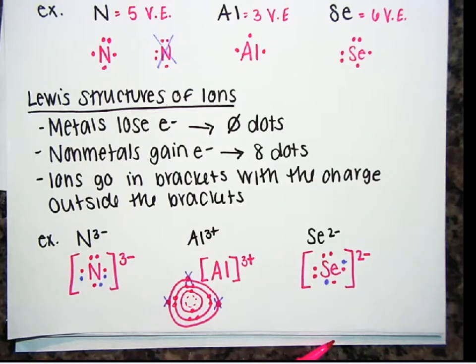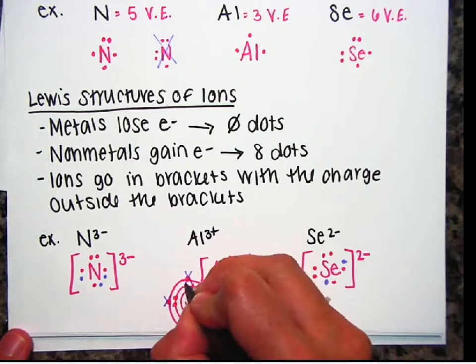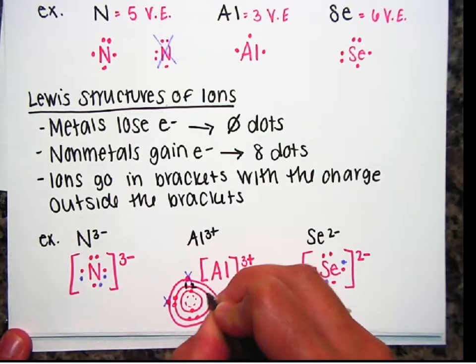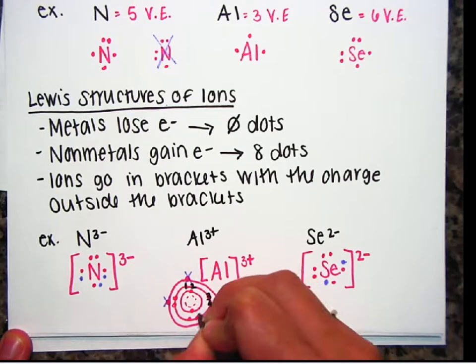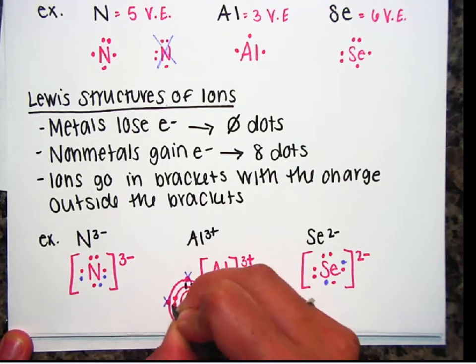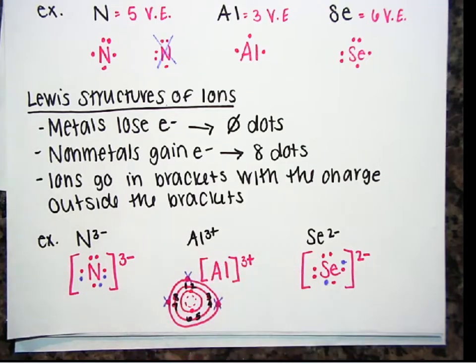That means it loses the entire 3rd energy level. So now the 2nd energy level becomes outermost, and we have 1, 2, 3, 4, 5, 6, 7, 8. So the metals are still following the octet rule, even though our Lewis structure is not showing any electrons.